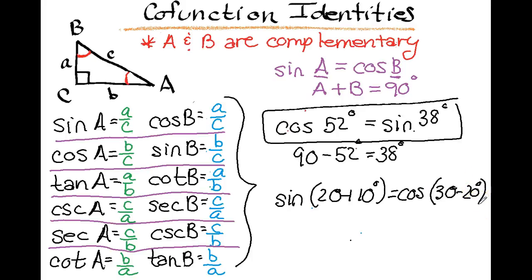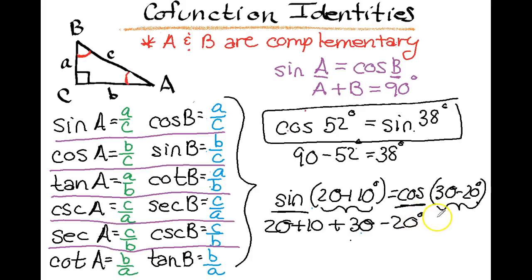Well, my cofunction identities tell me that if sine equals cosine, then their two angles, A and B, must be complementary. So I can take their angles, and I'm going to add them up, and set that equal to 90 degrees. They need to be complementary.